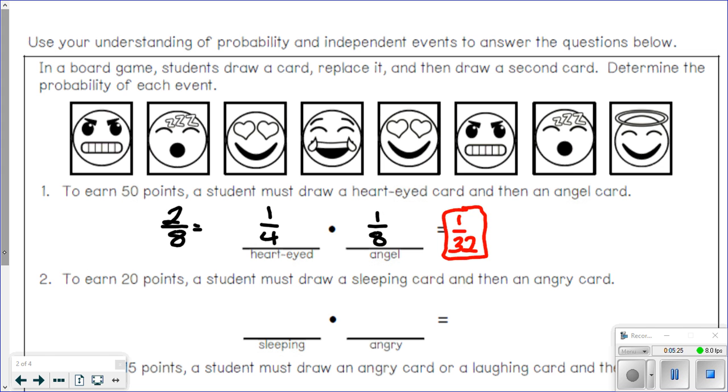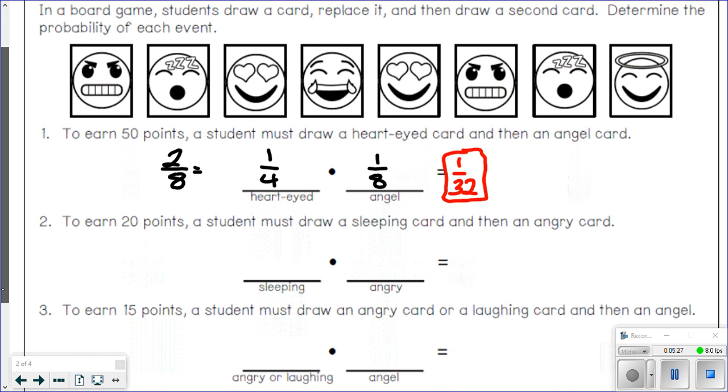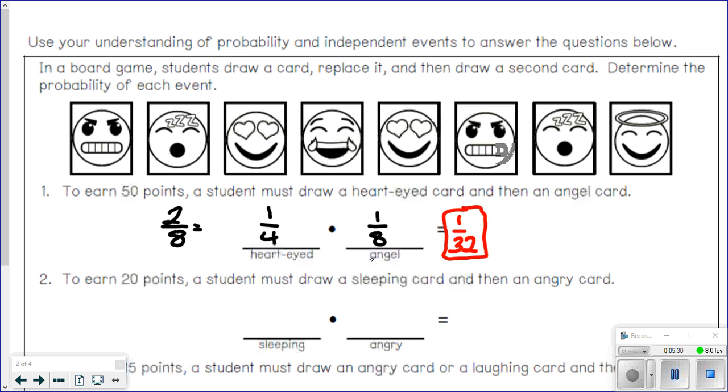All right, to earn 20 points, a student must draw a sleeping card and then an angry card. Okay, so sleeping cards, there are two of those. Same thing as last time, so we have 2/8, which simplifies to 1/4. And then an angry card, there's two of those, so that's 2/8, which simplifies to 1/4.